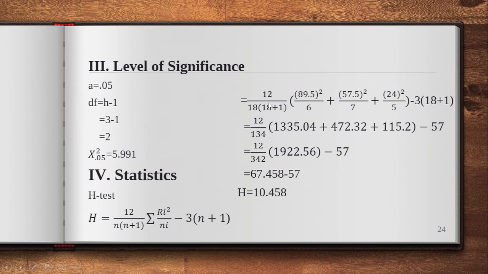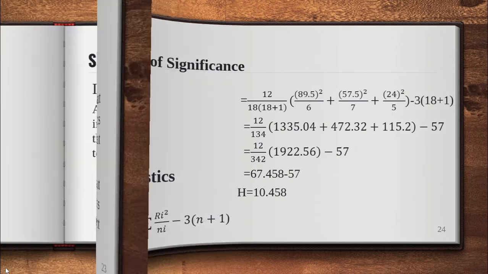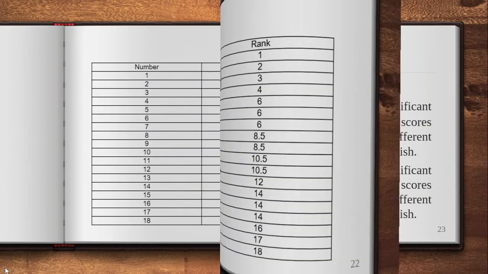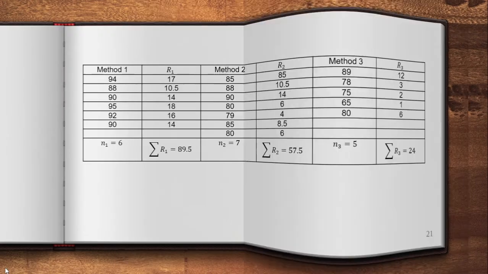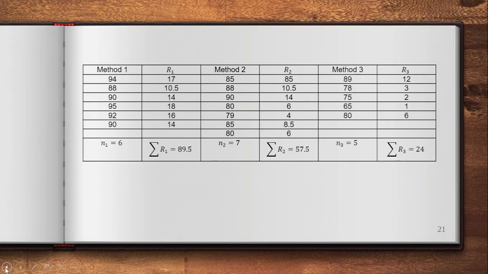So saan po nanggaling yung 12, saan po nanggaling yung 89, 57, and 24. So makikita po natin yan dito sa table. So ito na po yung rank 1, 89.5, 57.5, and 24.